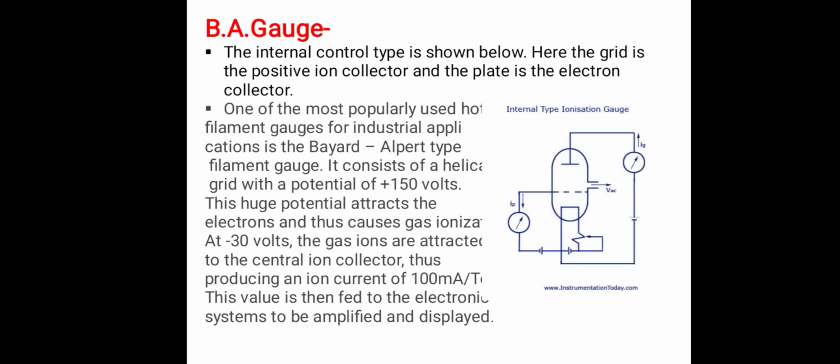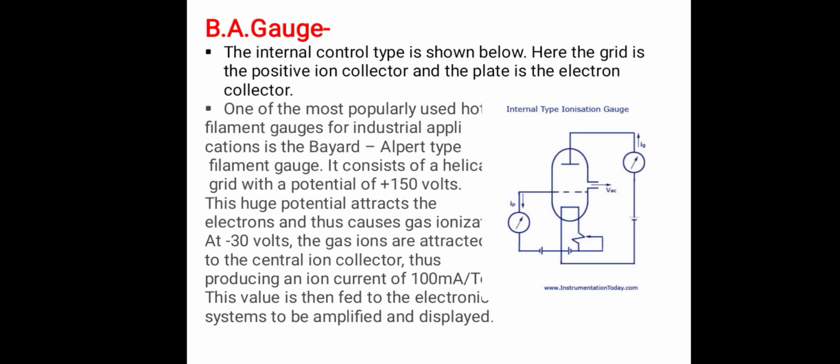Same as I explained in the previous one, when there is a creation of positive ions and electrons, the electrons are attracted towards the grid and positive ions are attracted toward the plate, which is at negative potential compared to the cathode, and there is a current drop due to those positive ions.